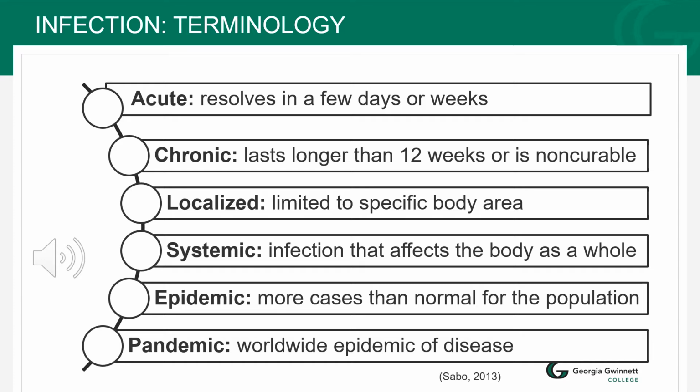This slide pretty much goes through just terminology that you need to be familiar with. I'm sure you are now more than ever very familiar with that last terminology here, pandemic. So a pandemic is a worldwide epidemic of a disease, what we're living through now in COVID-19. The Ebola virus back in 2015 was an epidemic. So it's when the cases were more than normal.